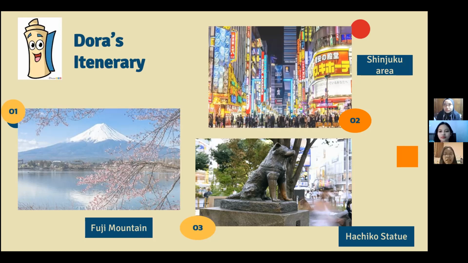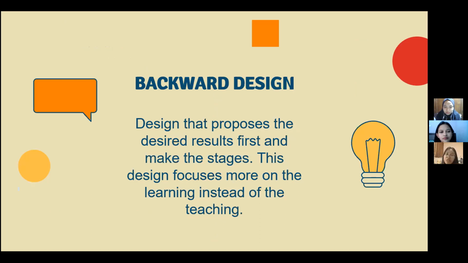This example actually relates to backward design. How does it relate? So, backward design is a design that proposes the desired results first and then makes the stages. This design focuses more on the learning instead of the teaching. Like Dora, she makes the goals first and after that makes the stages.